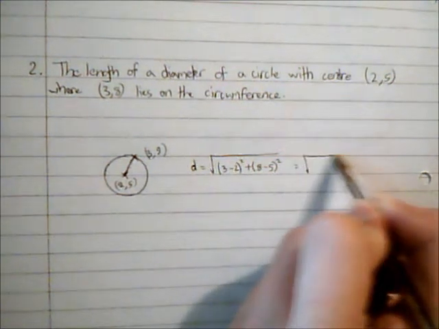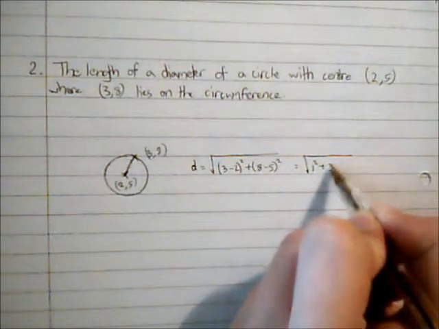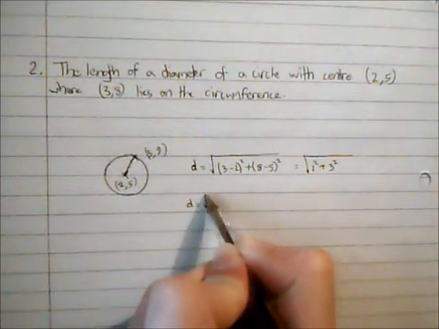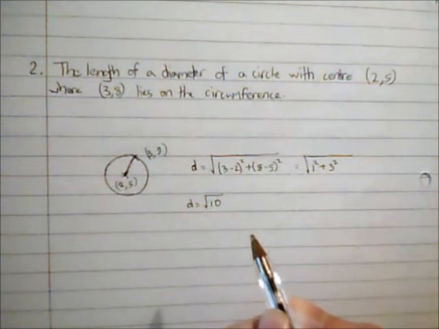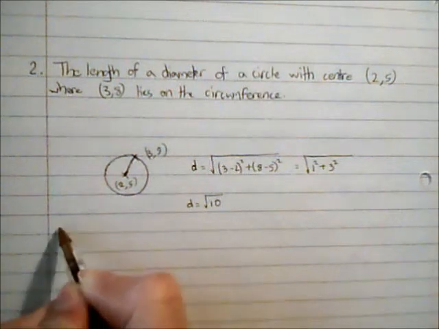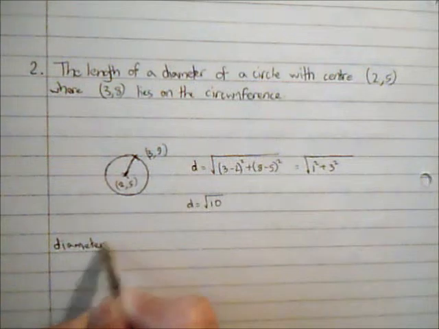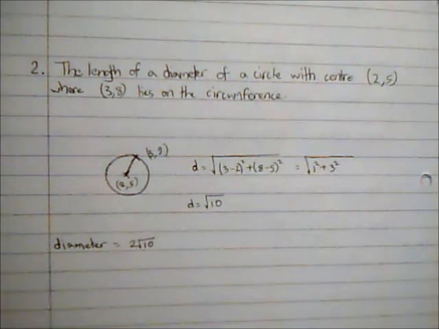So that's therefore the square root of 1 squared plus 3 squared, which is then root 10. So if the radius is root 10, then I can say that the diameter is therefore 2 root 10, as the diameter is twice the radius.